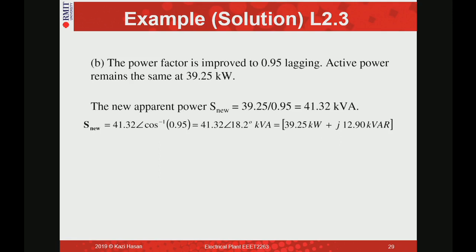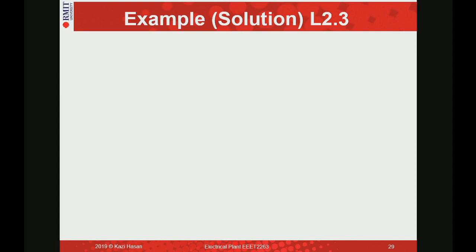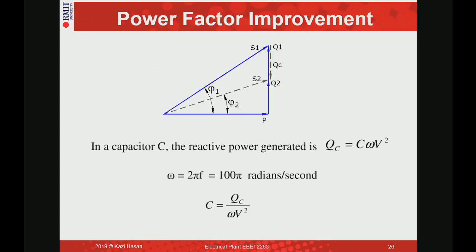The new apparent power will be, if you look at the first line, S new equals 39.25 divided by 0.95. Where is that coming from? That is coming from the power triangle. If you look at the power triangle, P is on the x-axis and S is the hypotenuse. So the relationship between S and P is P equals S cos theta.